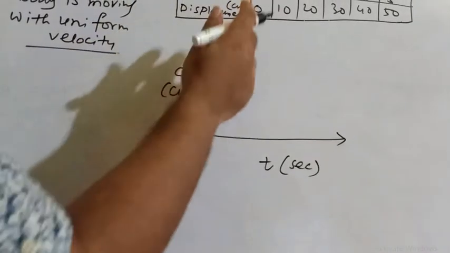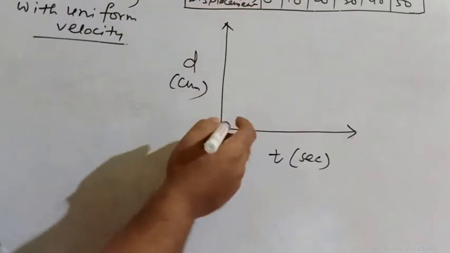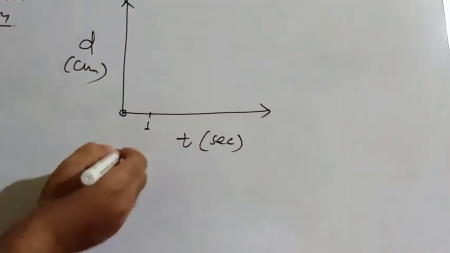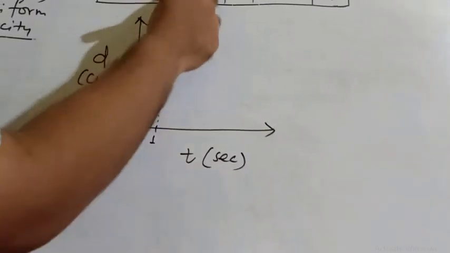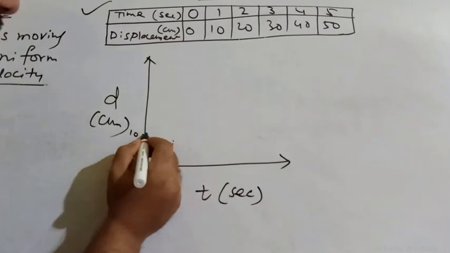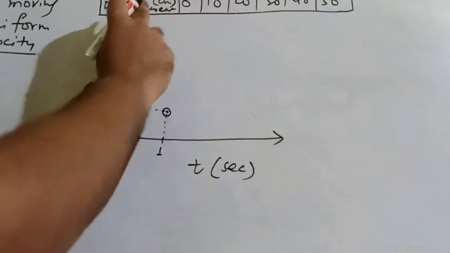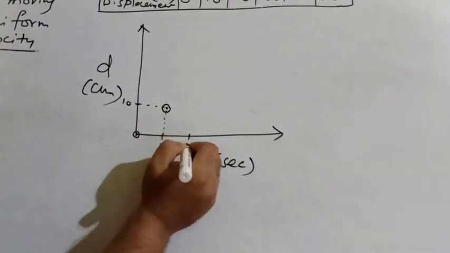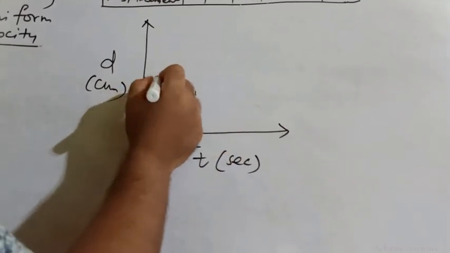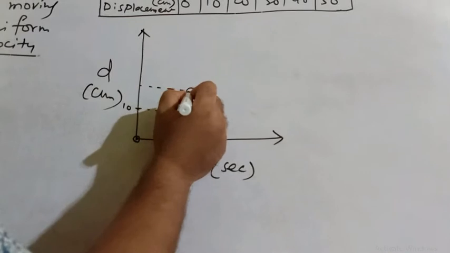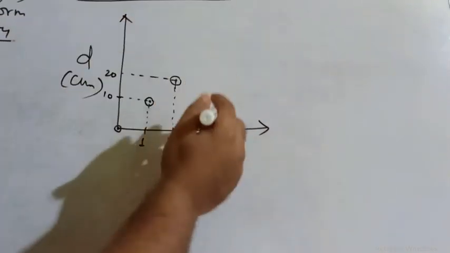See, at time 0 the displacement is 0, so the point is here. At time 1 second, the displacement becomes 10 centimeter, so it will be 10. At time 2 seconds, displacement will be 20 centimeter. Similarly, 3 for 30.